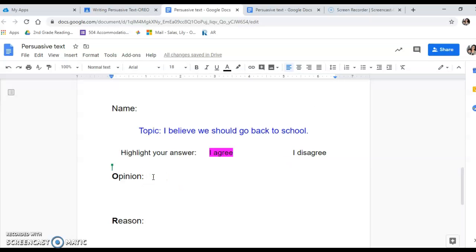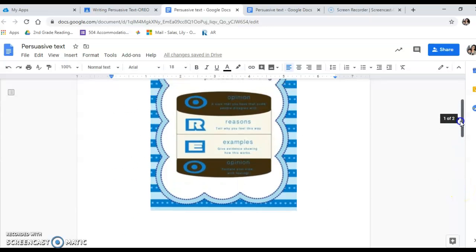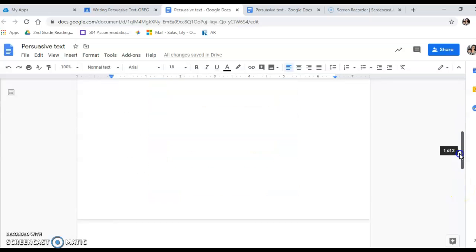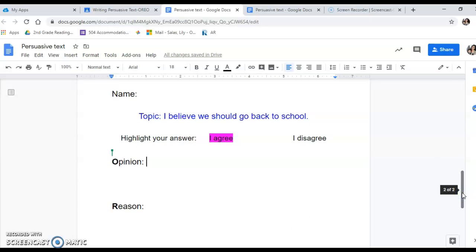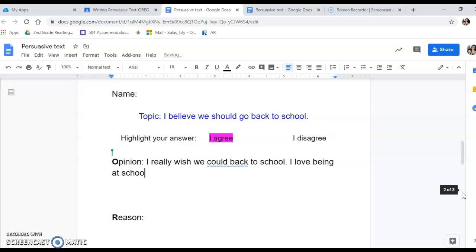Now, opinion. Remember, you can always go back and review the anchor chart. So a view that you have that some people disagree with. So I really wish we could go back to school. I love being at school.